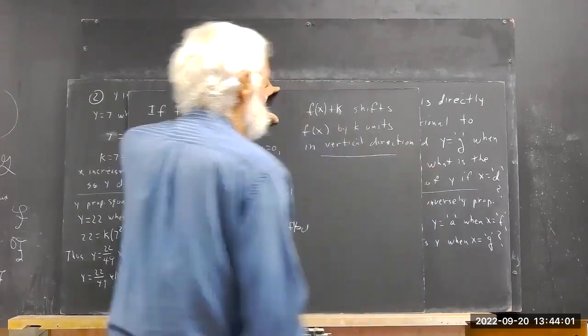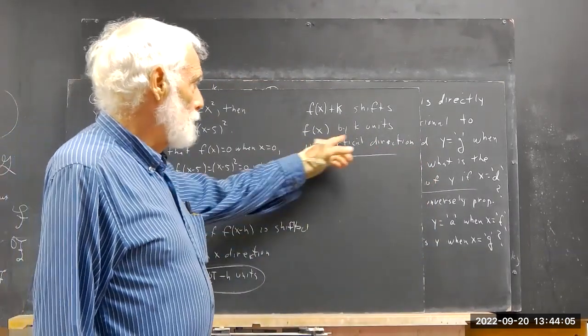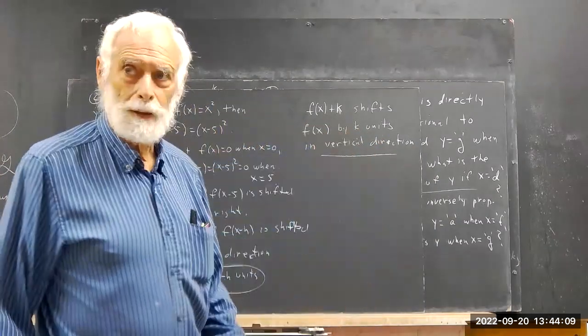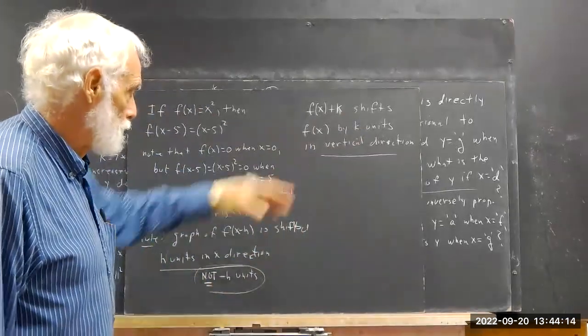There's k units in the vertical direction. Shouldn't really say shifted by k units. I should have just said shifted k units, but with f of x next to k it looked like multiplication, so I threw that "by" in there, just to kind of separate.